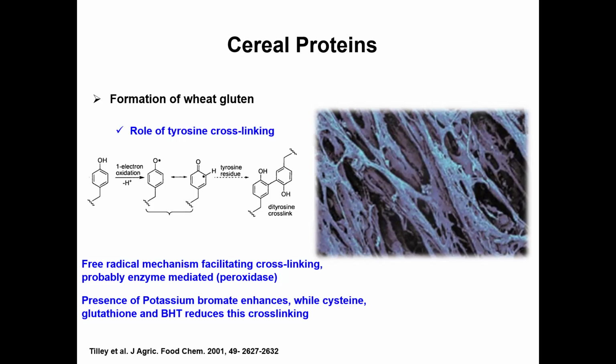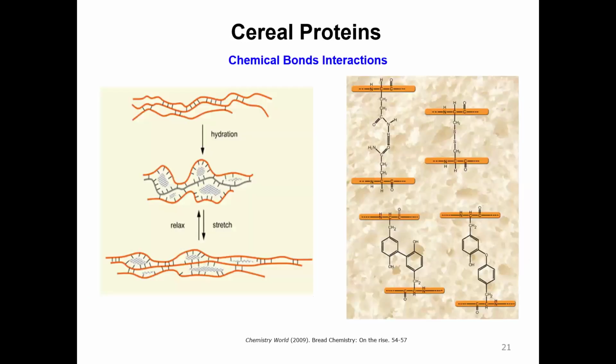It proved that there's also tyrosine cross-linking that helps in the stabilization. So hydration, denaturation by blending, by kneading, and then the formation of the gluten network. And here's your hydrogen bonding, and then disulfide interchange, and also tyrosine cross-linking.